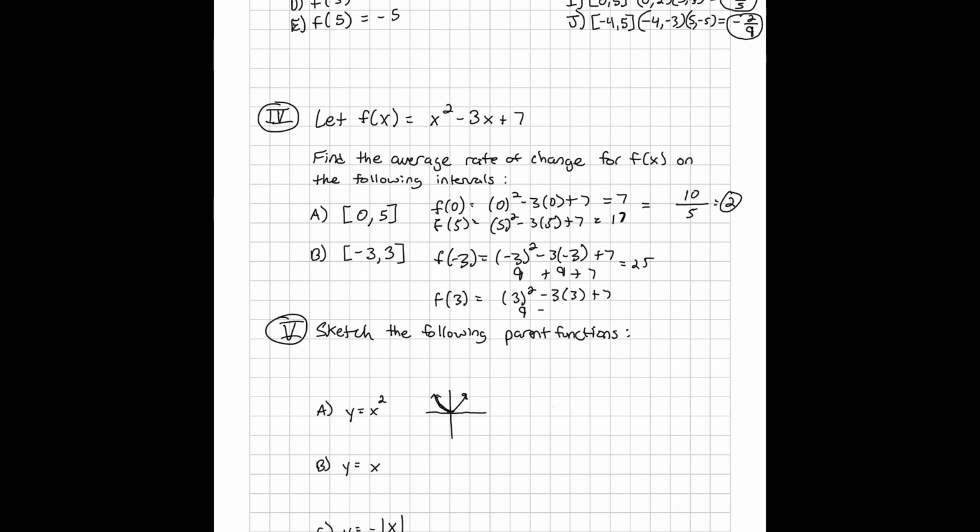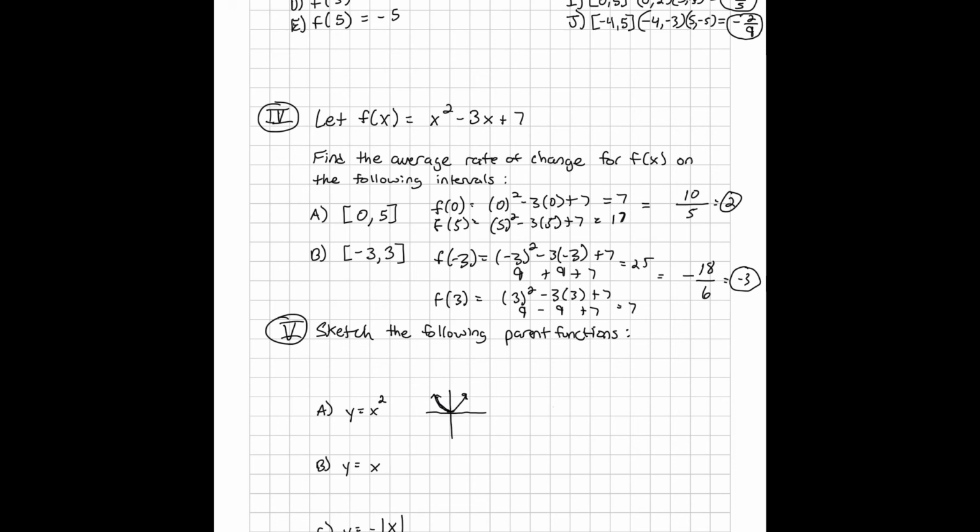That's 9 minus 9 plus 7. That gives me 7. So we're going from negative 3, 25 to 3, 7. That's going to be a negative slope. The rise distance is 18. And the run distance is 6, which is a negative 3 slope.